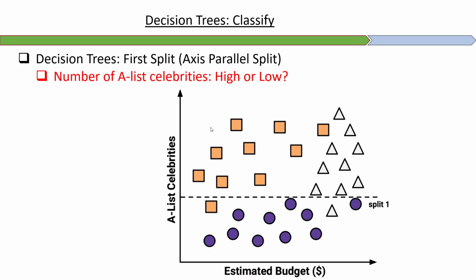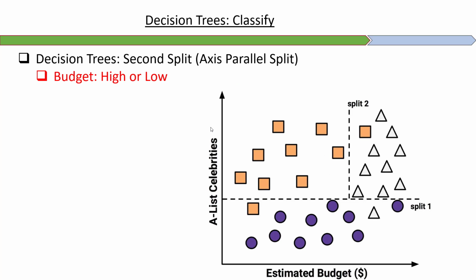By the way, this is called the axis parallel split. In other words, the line that you draw to split is going to be parallel to either the x-axis or the y-axis. In this case, it is parallel to the x-axis, the estimated budget, and it is based on the number of A-list celebrities.